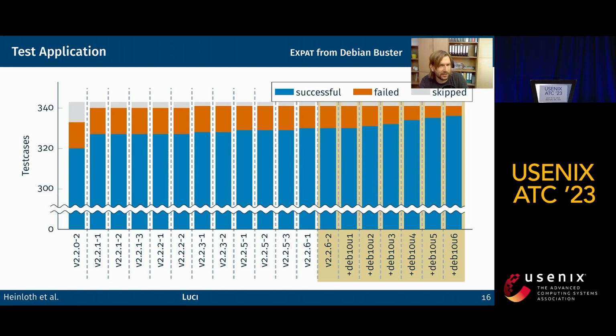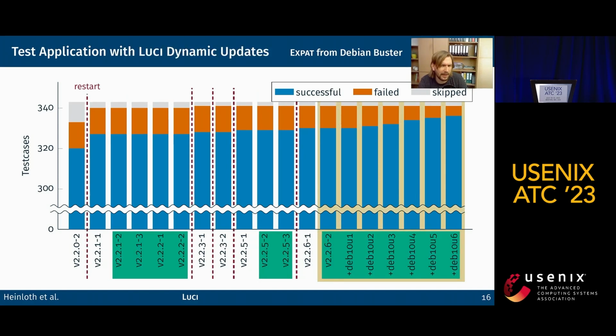When now executing the test application, we can see an increase in the successful test cases, even in the stable phase. This is due to the Debian team backporting important bug fixes to their version while maintaining a stable interface at the same time. As the analysis suggested before, Luci is in fact able to update most releases during runtime, and all of them in the stable phase, hence when the Debian version is intended for productive operation.